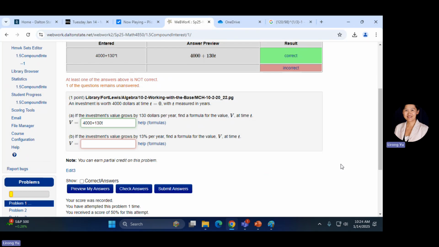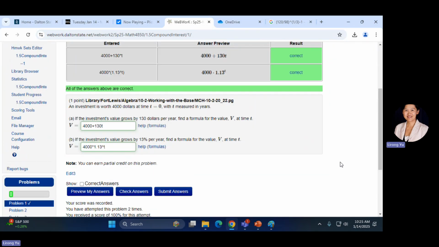Second one. It's 13% a year. So that means every year it becomes the previous amount times 1.13 to the power t, I guess. So Part A is a simple interest model, and Part B is a compound interest model where the interest rate is 13%.